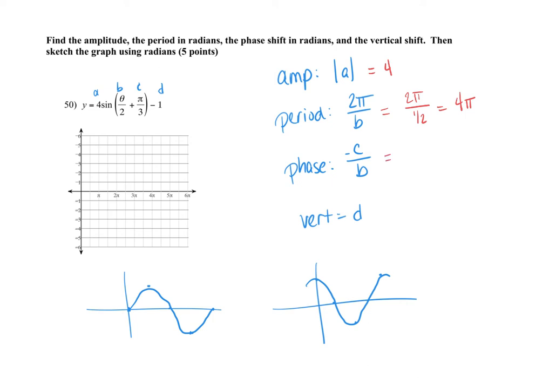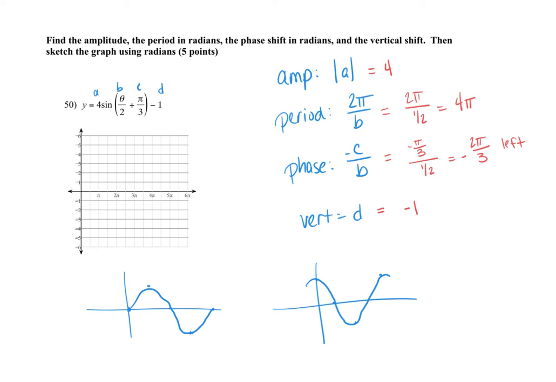Our phase shift is going to be negative C, so negative pi over 3, over B, which we know is 1/2. So we are going to change, flip. That will be a negative 2 pi over 3, or you're moving to the left is what you're going to think about here. And then our vertical shift is just our D, so that's going to be -1.